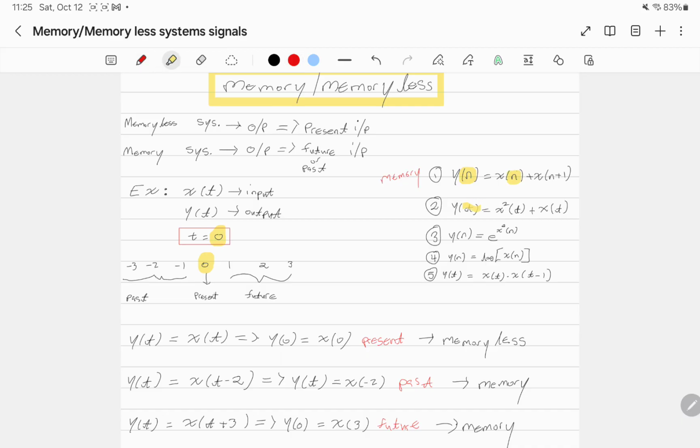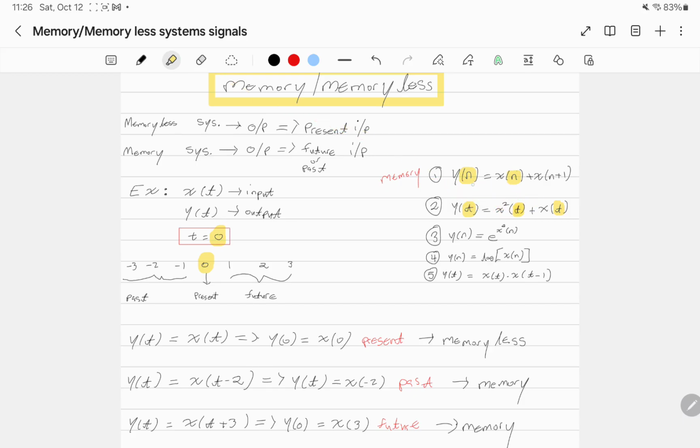Let's look at the second one. So let's say we plug in 0 for our present value. We'll get x squared bracket 0, and we'll get plus x of 0. So the output will depend on the present input.